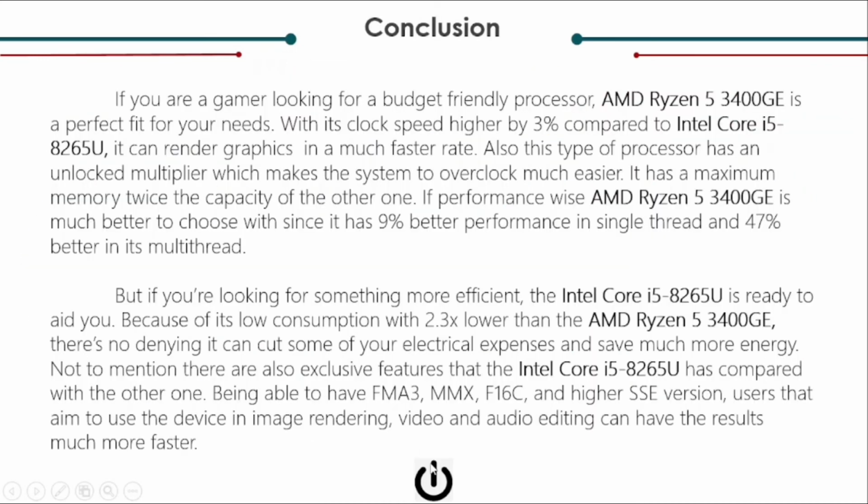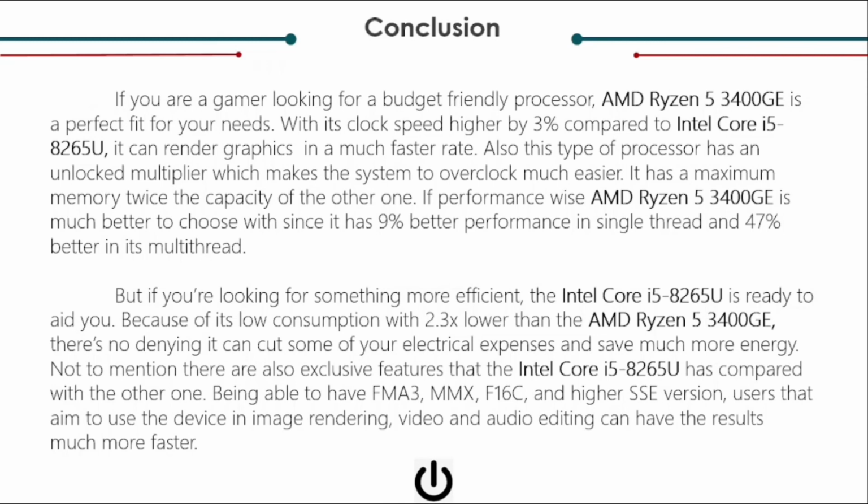So in conclusion, if you're a gamer looking for a budget-friendly processor, the AMD Ryzen 5 3400GE is a perfect fit for your needs. With its clock speed higher by 3% compared to the Intel Core i5-8265U, it can render graphics at a much faster rate. Also, this processor has an unlocked multiplier, which makes overclocking the system much easier.